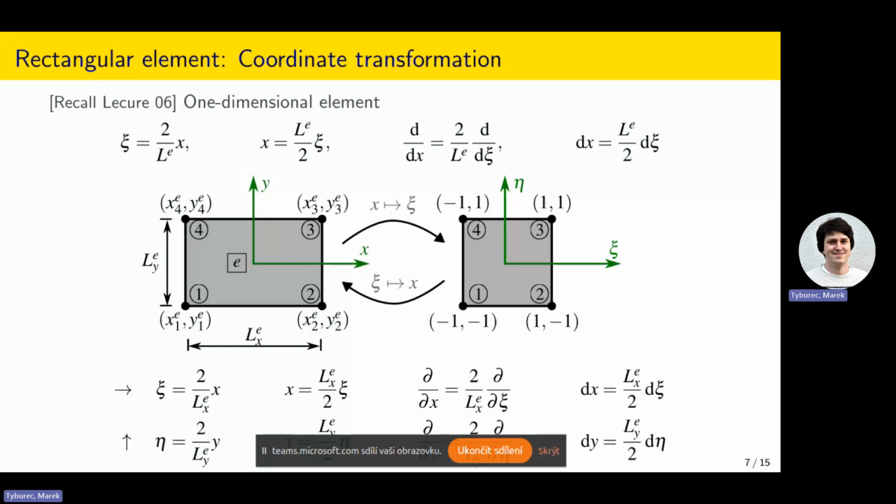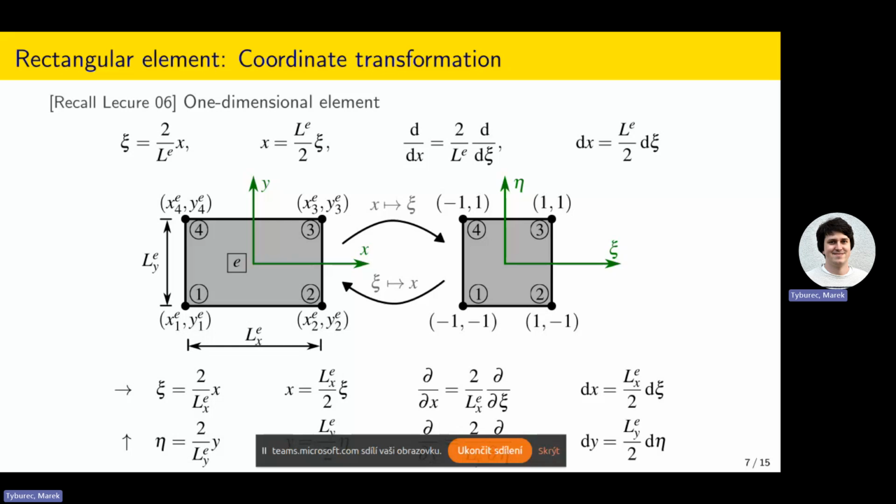The idea is that we need functions that are defined on the domain of this square element that we have. We are interested in the values of these functions at the nodes.